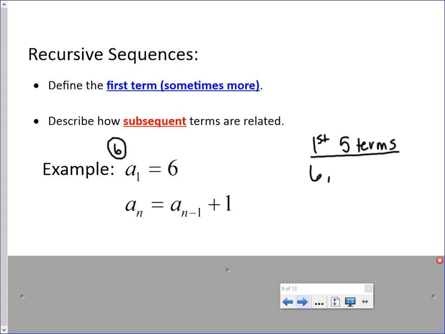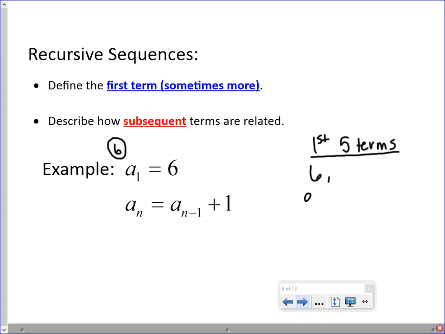Now this is a sub 1, and I want to find a sub 2. So a sub 2 is equal to, notice in this notation you've got this a sub n minus 1. My n here is 2, and 2 minus 1 would be 1. So I want the first term plus 1.